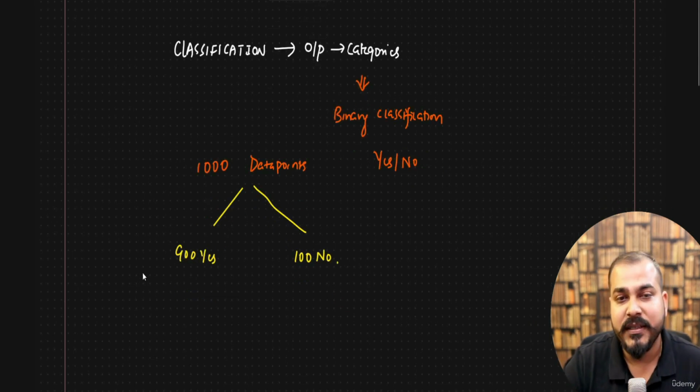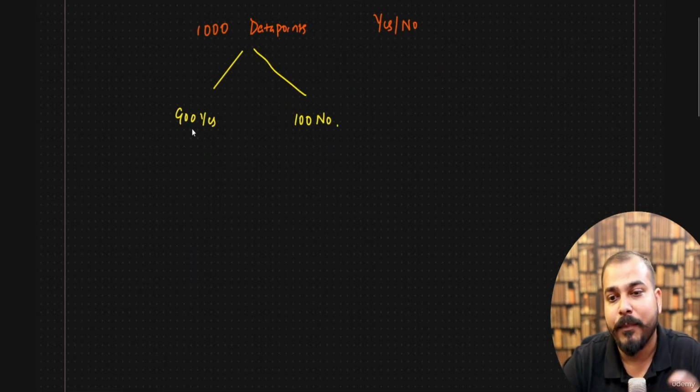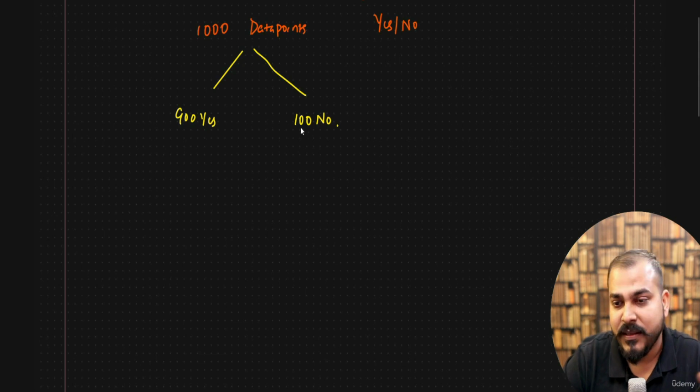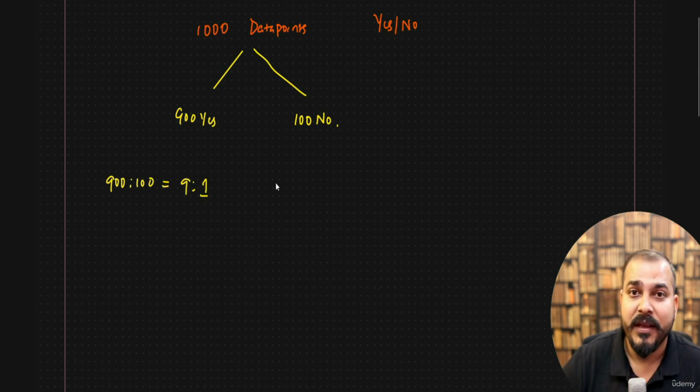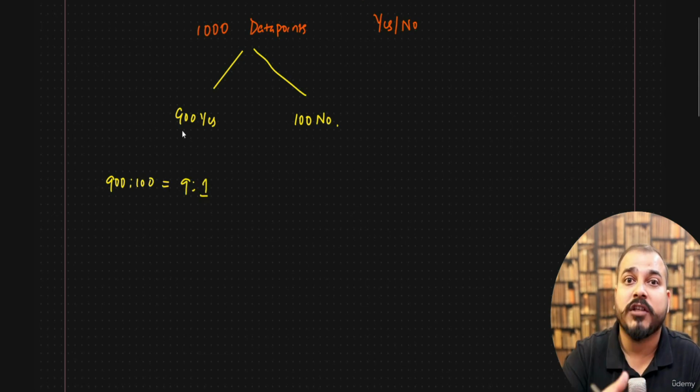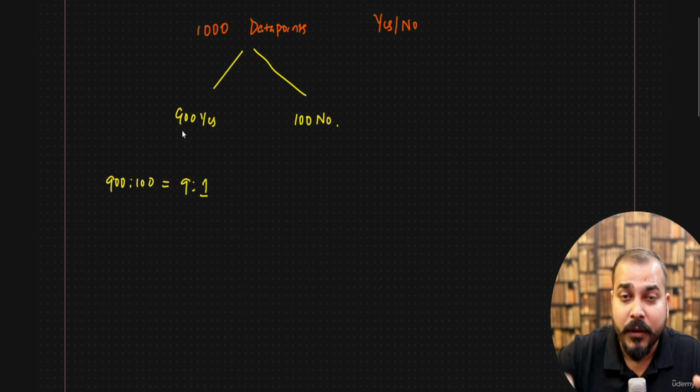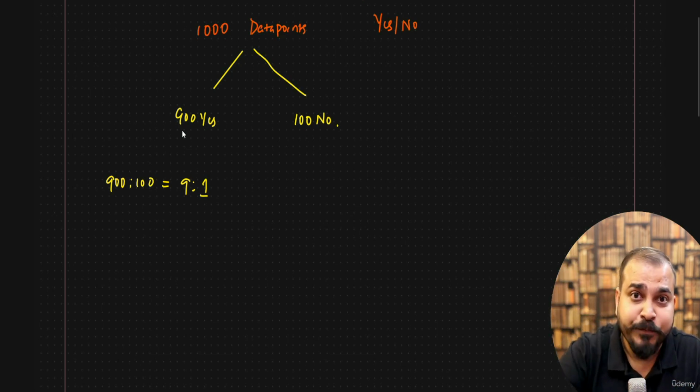In this scenario, you can see that the maximum number of data points are saying yes, and there is a very minimal number of data points that are saying no. So if you see the ratio, here a 9:1 ratio is there. This kind of situation talks about an imbalanced data set, because out of the 1,000 data points, you have 900 yes and you have 100 no.